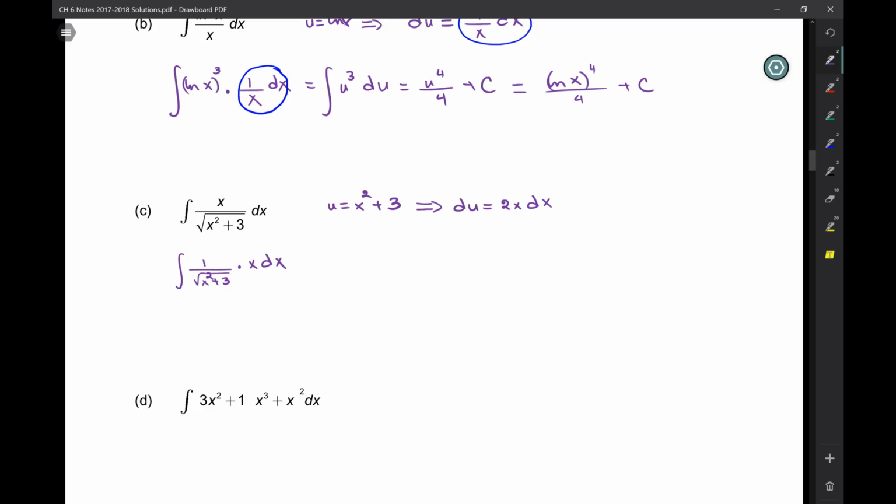You divide by 2, so x dx is 1 over 2 du. It's so satisfying because it's like a puzzle and everything just fits perfectly.